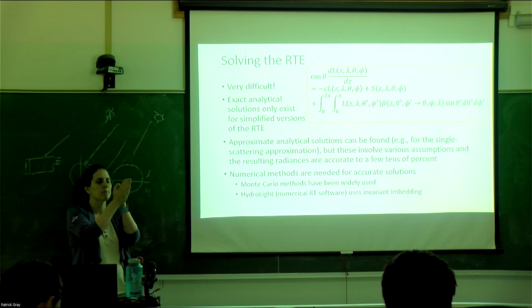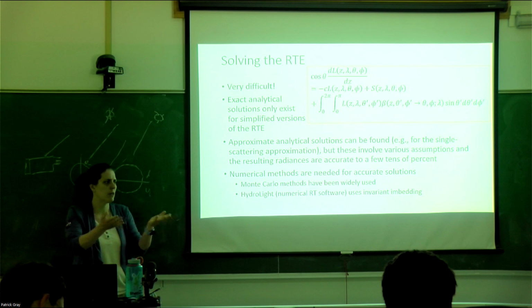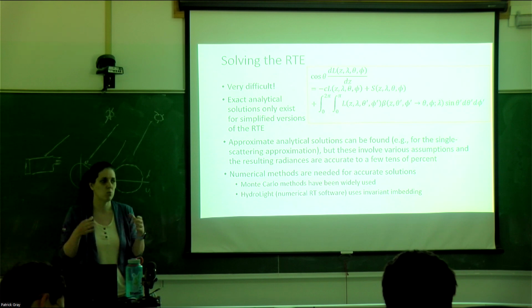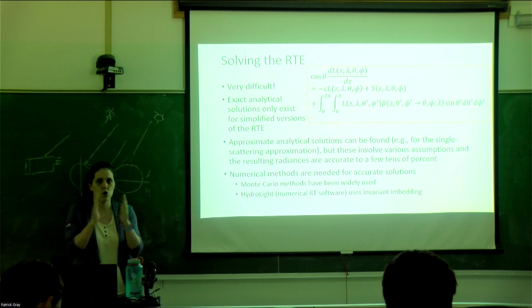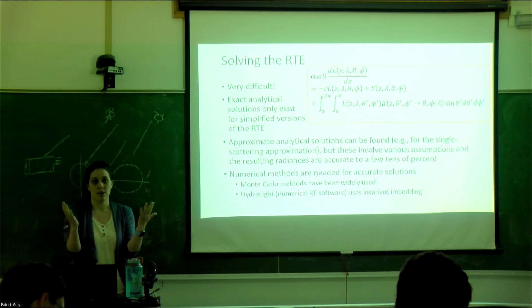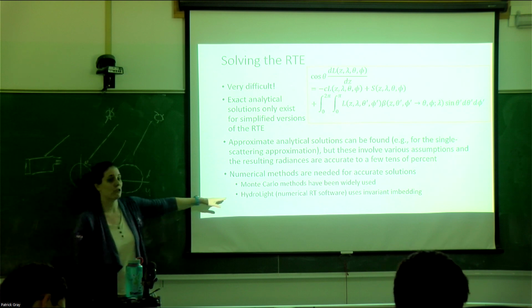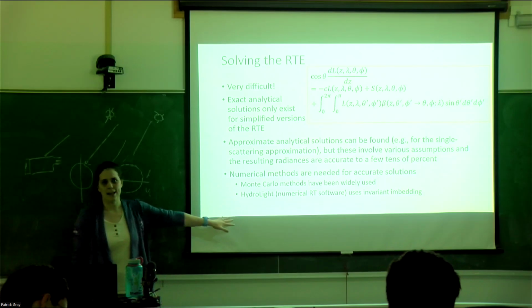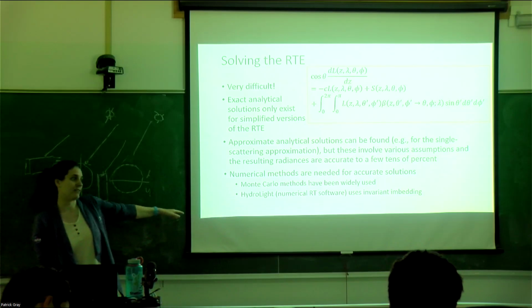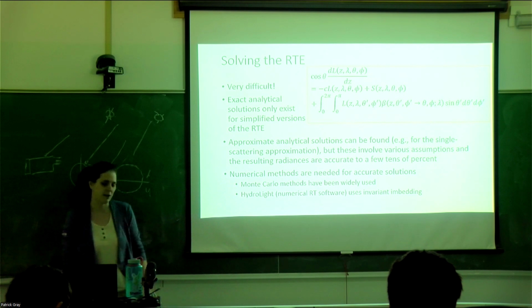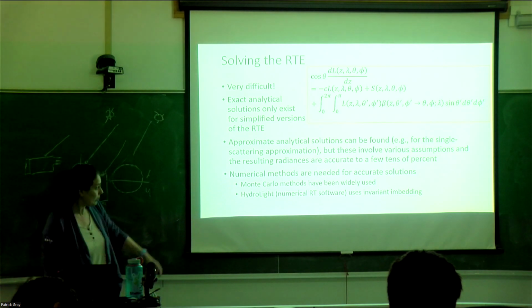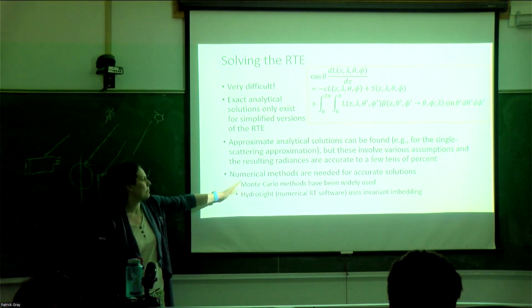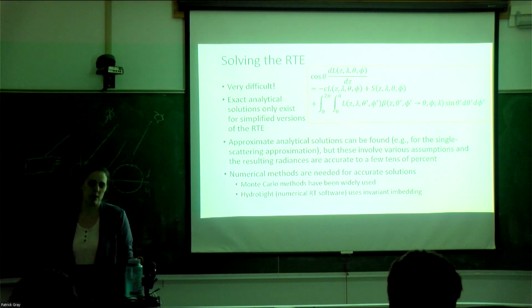There's a copy of Curt's book floating around, Light and Water. There's a whole big section in that book that I've never read, but it basically describes how Hydrolight works and how to solve the radiative transfer equation using these numerical solutions. But now I would say a mix of both of these methods is used.